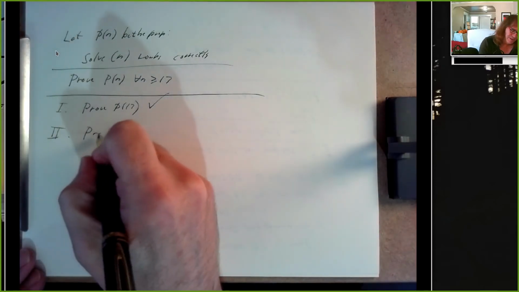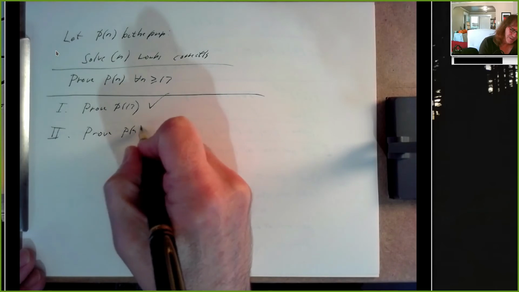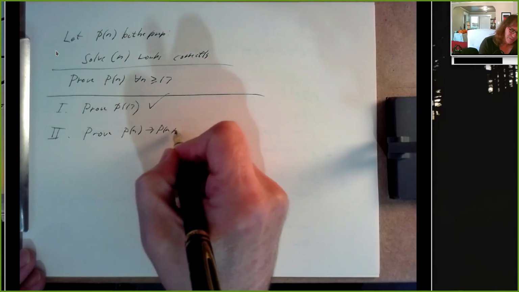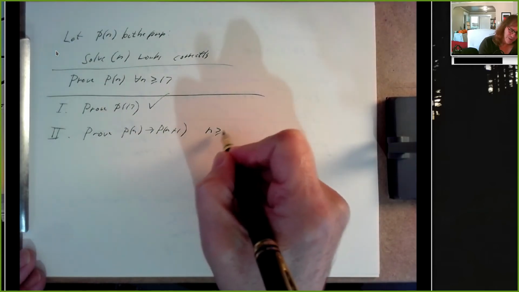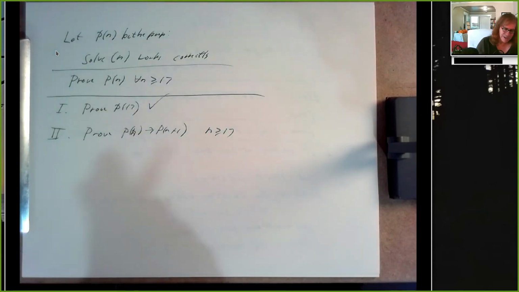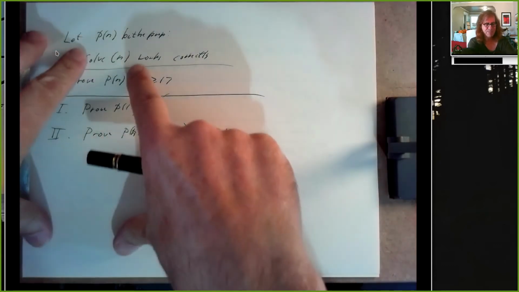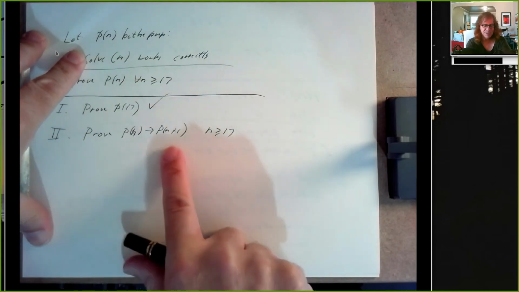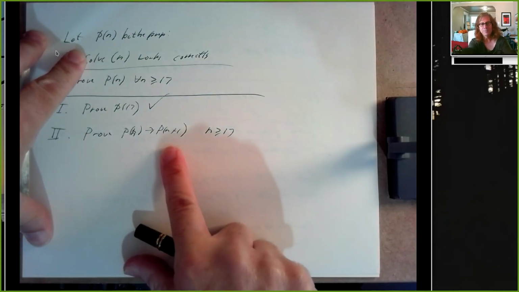Okay, inductive step: prove that P of n implies P of n plus 1, where n is bigger than or equal to 17. i.e. prove that if my function works for n, it also works for n plus 1.